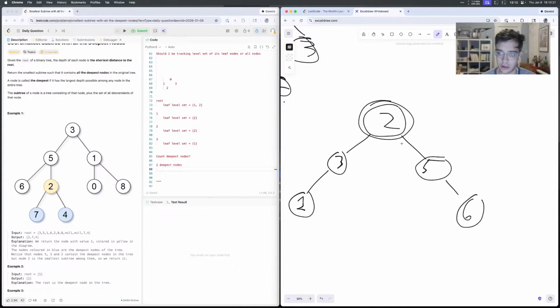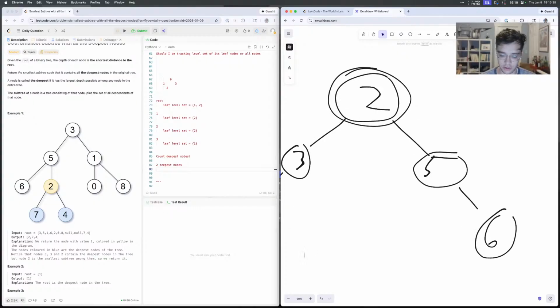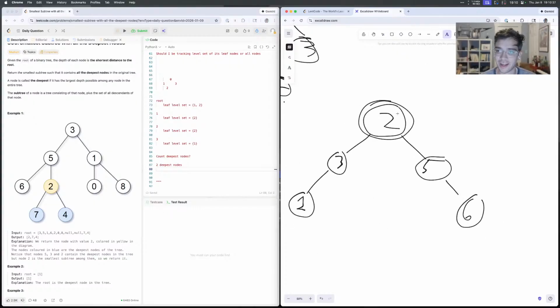Maybe that is right. Okay, well here we have deepest nodes equals, this node count equals 2, and we can go up 2 from the deepest nodes.